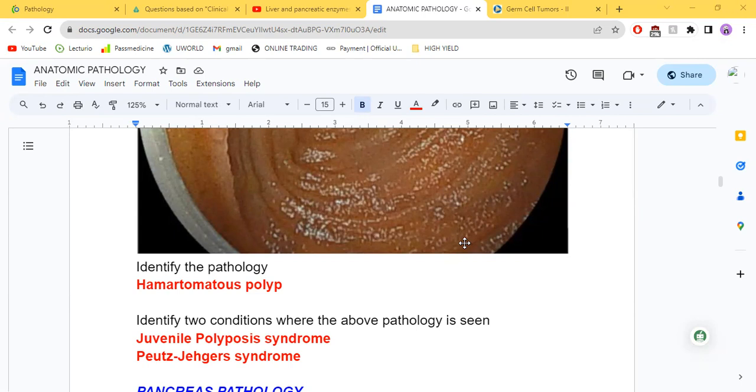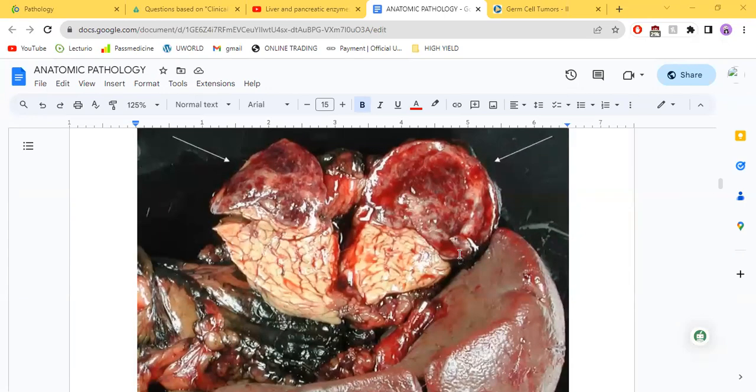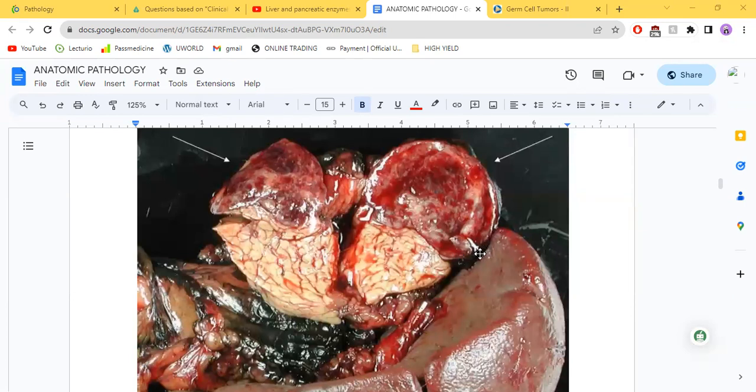Any questions on that? Great. So maybe we can move to the next. Great. Maybe let's describe the pathology. What can you see in these pictures?